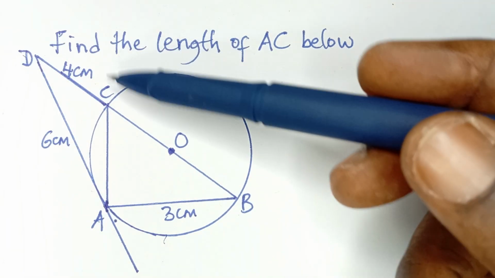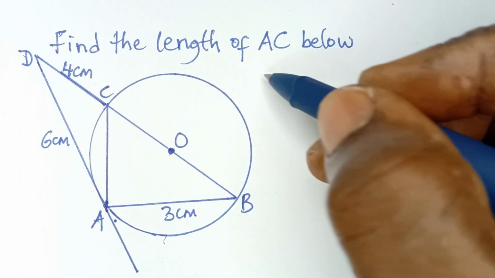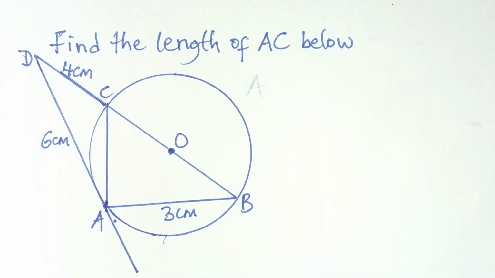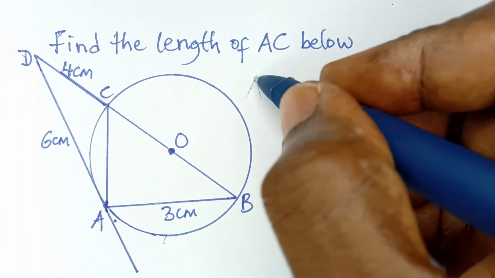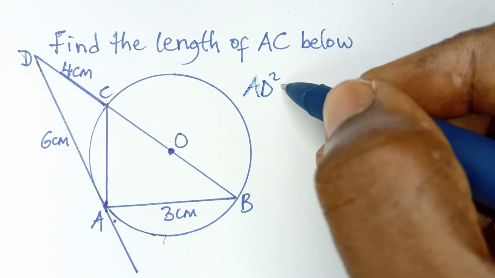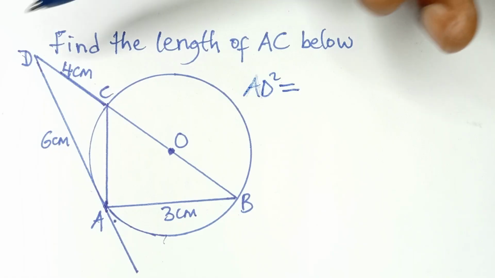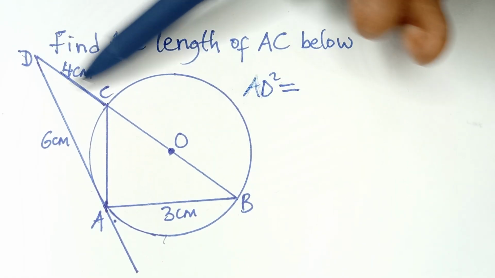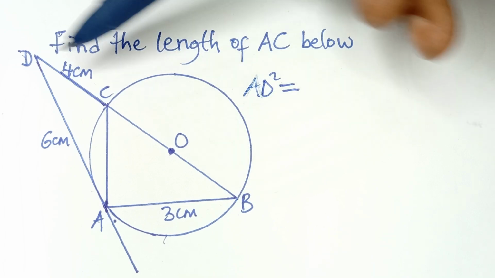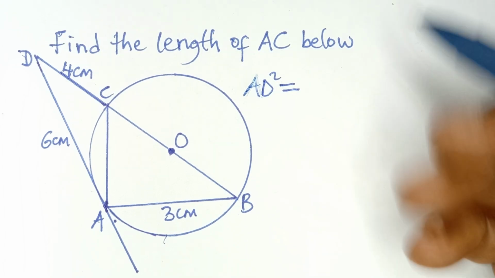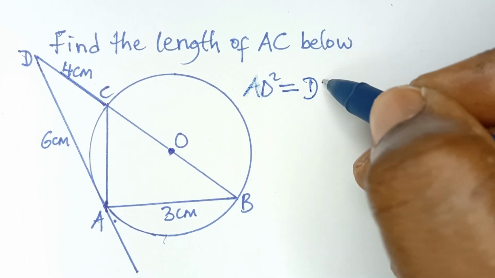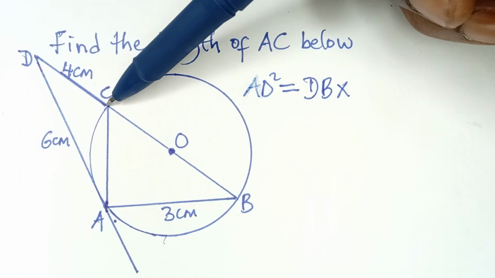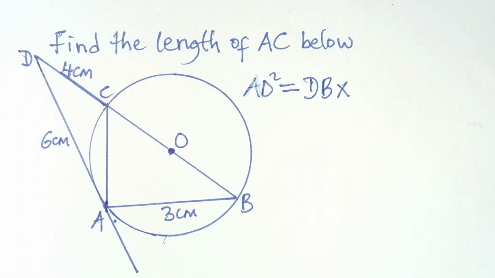And there's a rule that states that the square of a tangent, such as this AD, when we square the AD, AD square is equal to DB, the full length in the circle, multiplied by DC, this external part of the line.